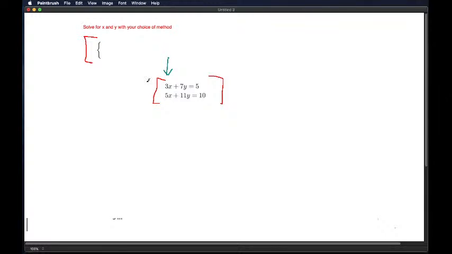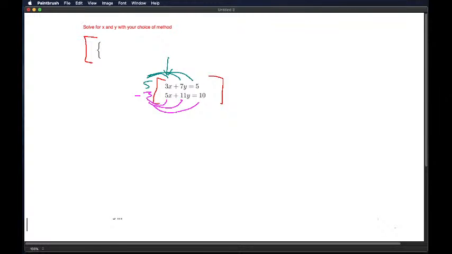So I would times the top equation by 5 everywhere, and the bottom I would times by 3 everywhere. Actually it's better if we times it by -3, because then the top will have positive 15x and the bottom will have negative 15x. Right?